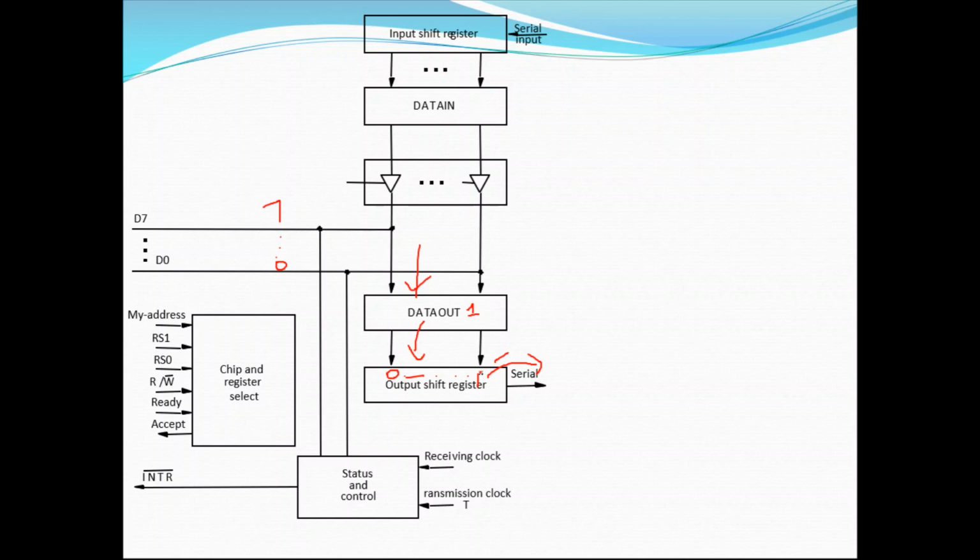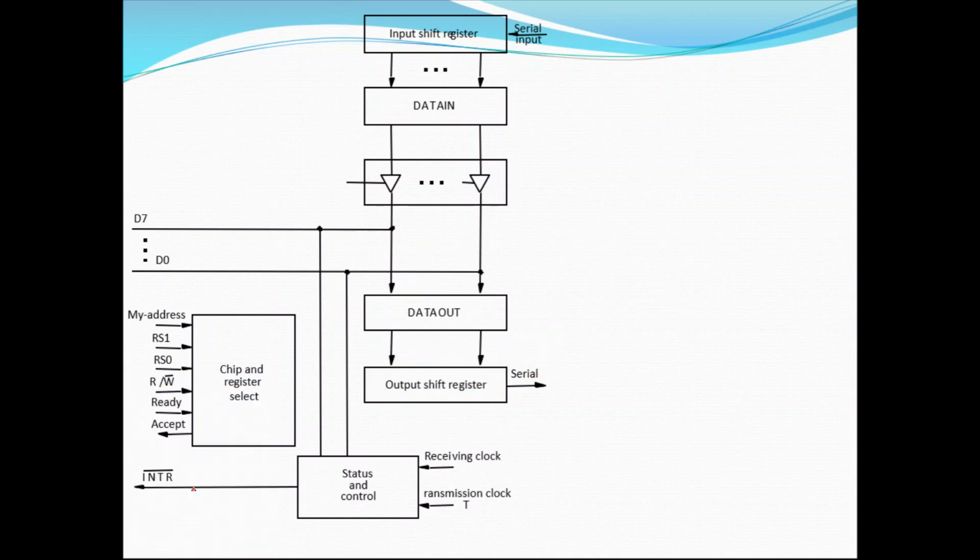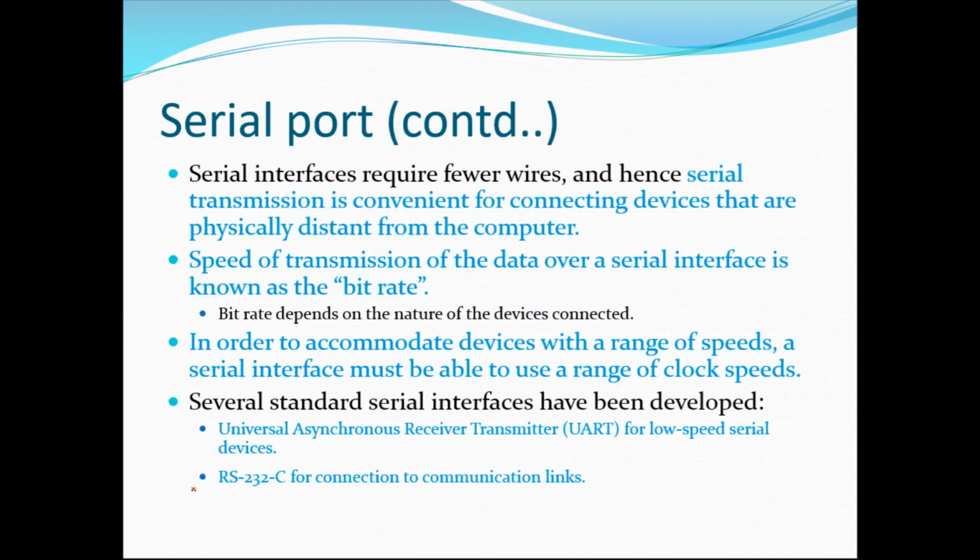First it will send 1 bit, then the next bit, then the next, like that it will send all the 8 bits. When all the 8 bits are sent out, the output shift register is again ready to receive the next set of 8 bits from the data out register. So here we are converting parallel data to serial while writing to a serial IO device.